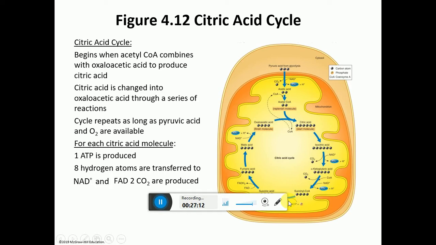At the end of this cycle, you're making ATP. You have also harvested electrons and hydrogen ions. Okay, and your carriers are here, NAD and FAD, and you've produced carbon dioxide. So this is where carbon dioxide is produced by the cells, and that carbon dioxide has to go through the blood, go to the lungs, so that we can exhale that carbon dioxide.